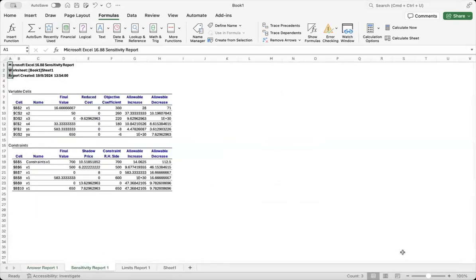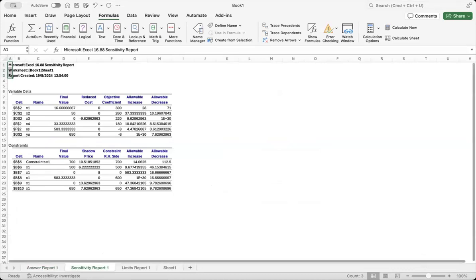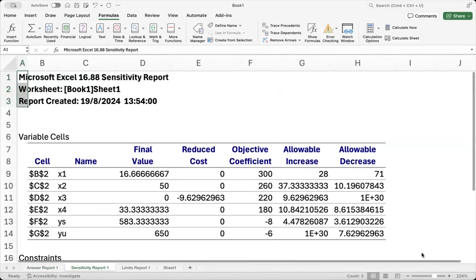Okay. Now we move to the sensitivity report. For the sensitivity report, the first table is related to variable cells. This is the final value, which means the solution, the optimum value.